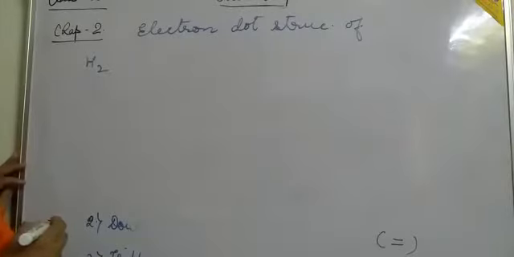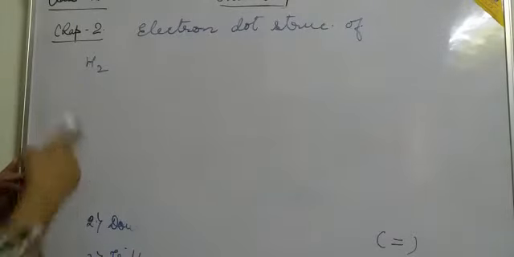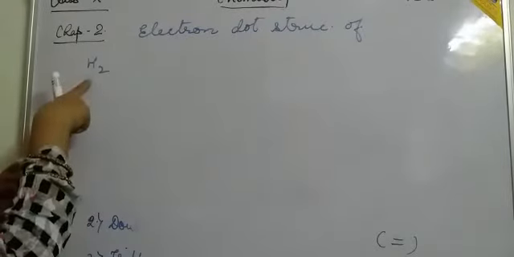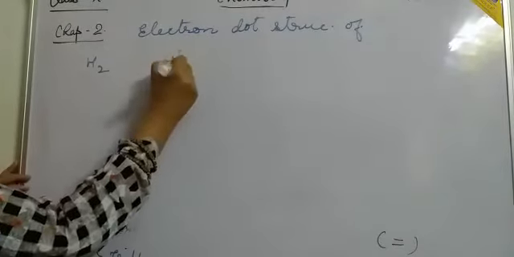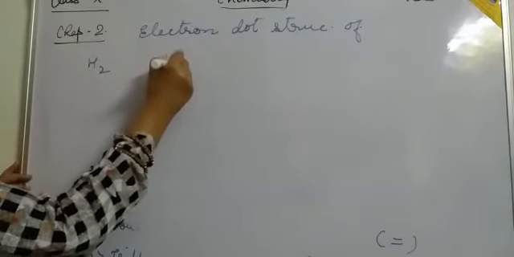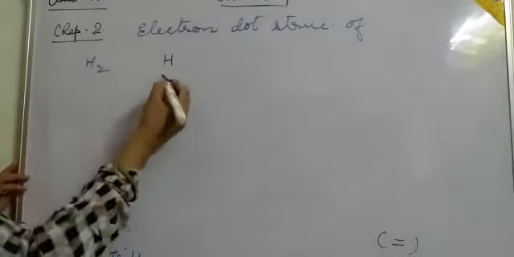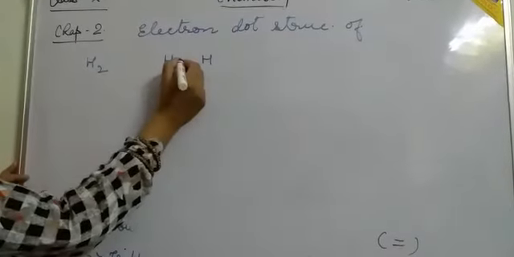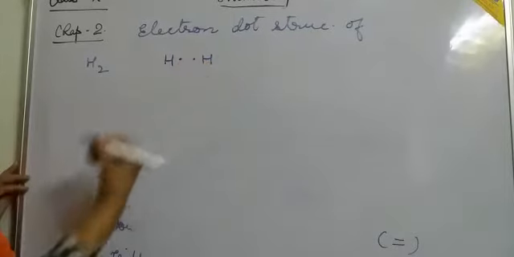In the ionic compound there is a transfer of electron, but in the covalent bond it is sharing of electron. The configuration of hydrogen, you know, is 1s1. So each hydrogen has 1 electron in its outermost shell.